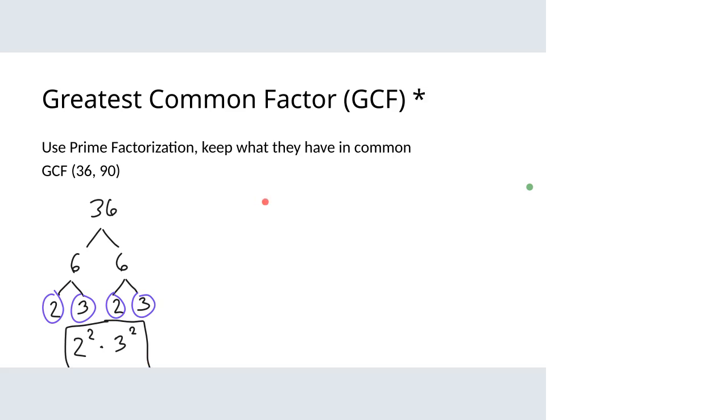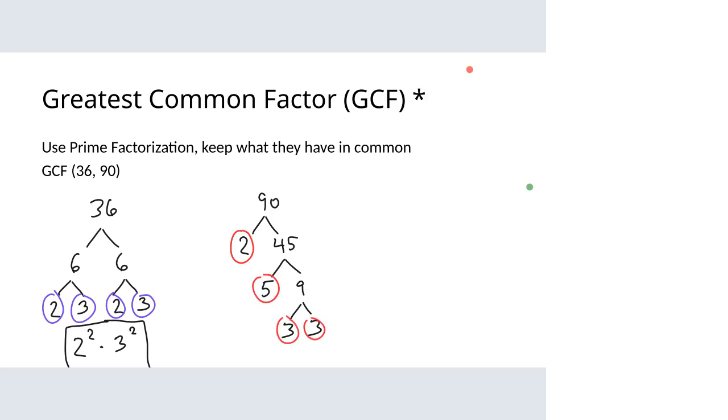And then 90. There's a couple different ways you could go here. My instinct with an even number is to go 2 times 45. And then, okay, 45, well, 5 will go into that. 5 times 9. And then this one is 3 times 3. And so what I've got at the very end here is 2 times 3 times 3 times 5.